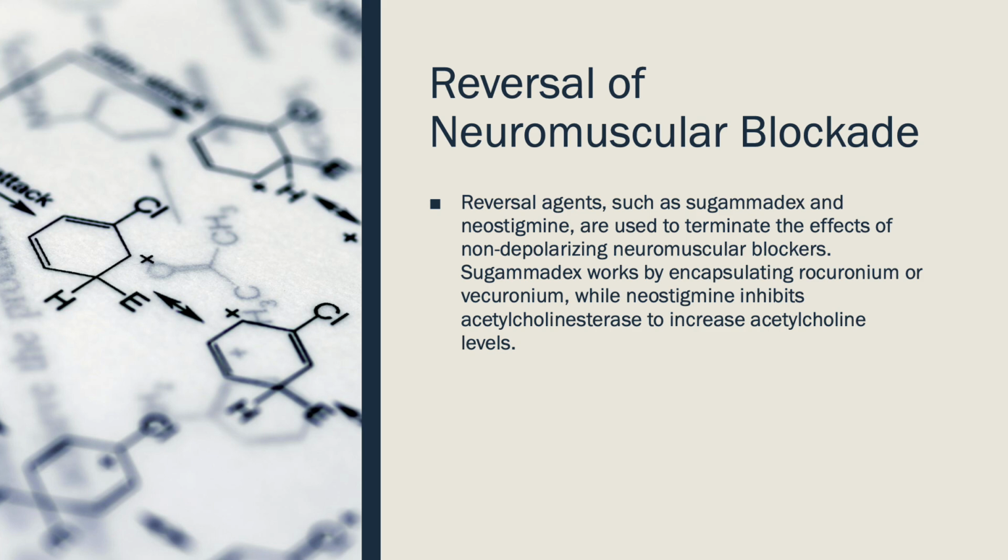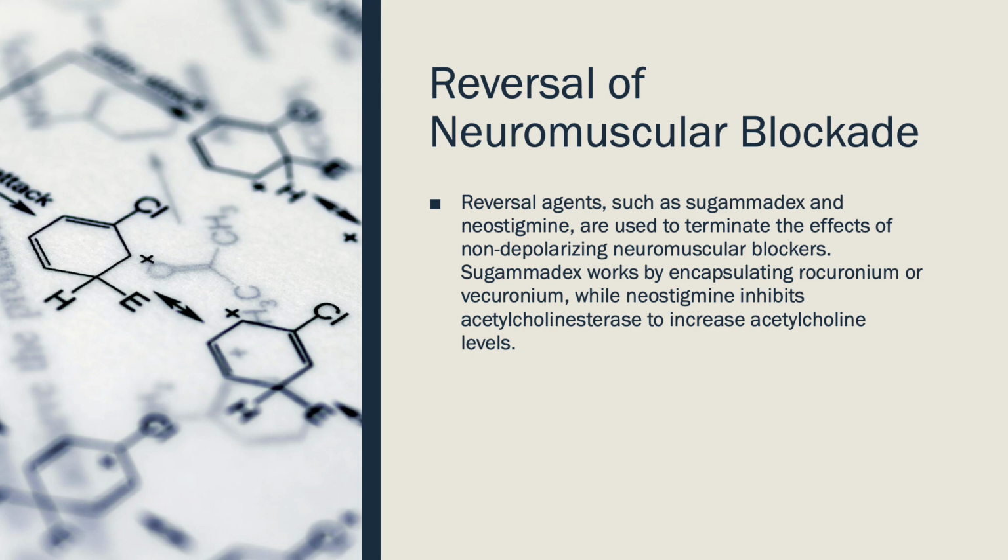Now, reversal of neuromuscular blockade is essential to restore your normal muscle functioning after surgery, especially if you're using a non-depolarizer. We have 2 primary types of reversal agents: neostigmine, which is an acetylcholinesterase inhibitor, and then a selective relaxant binding agent like sugammadex.